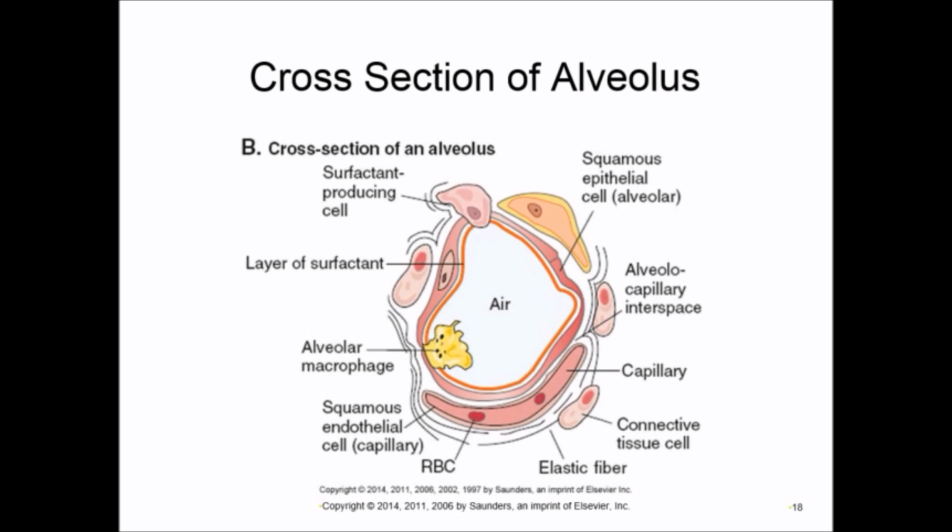But here's one more cell. This is called the alveolar macrophage. So we have type 1 epithelial cells. These are just regular epithelial cells through which the exchange will occur. Type 2, surfactant producing cells. The third type is not epithelial. It's called the alveolar macrophage, and this is your last defense against anything that goes in. What protects you when you breathe?